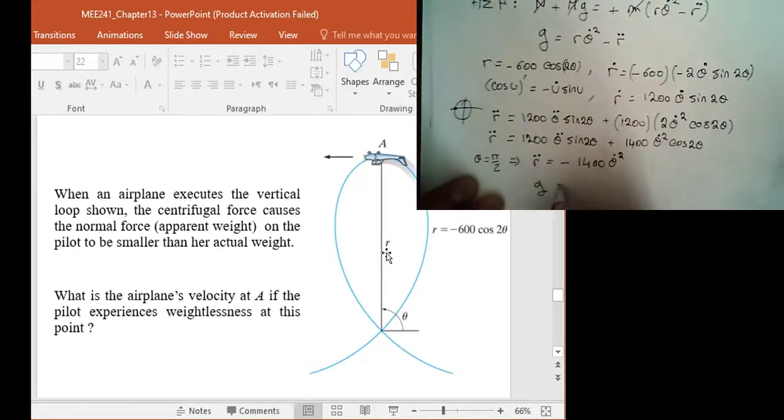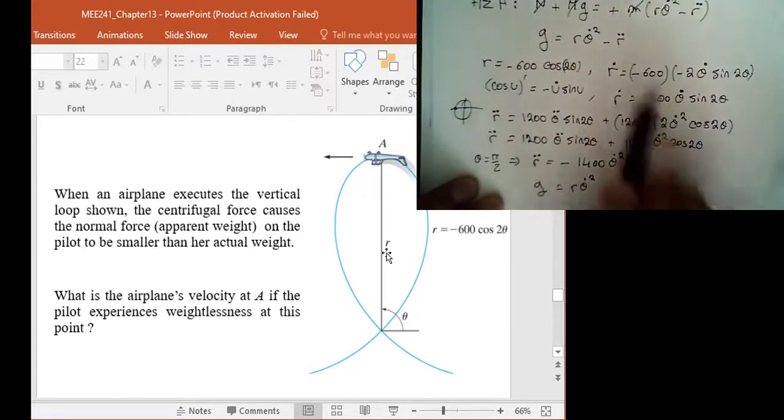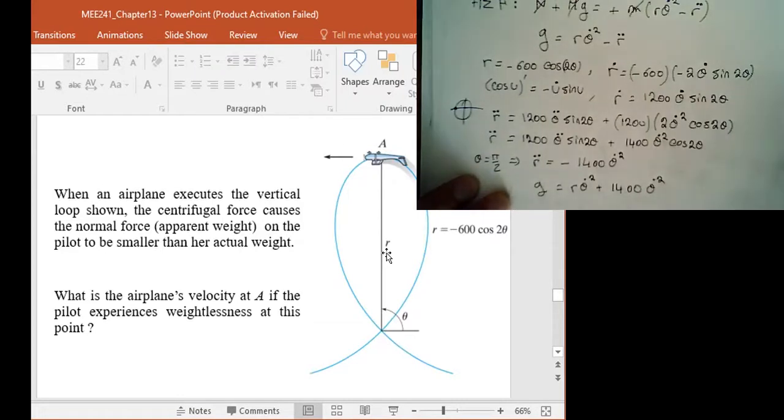So G is equal to r theta prime square minus r double dot. So it's going to be plus 1400 theta prime square. All right. Well, what is r? I know what r is, right? R is given to me as minus 600 cosine theta.